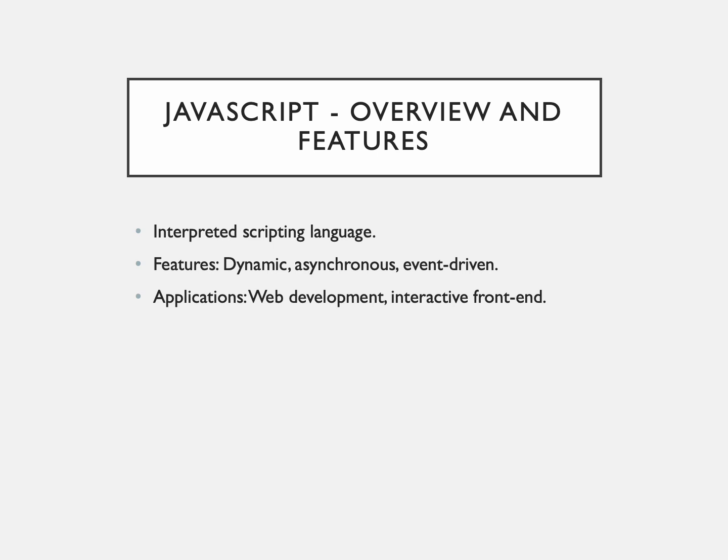It is also asynchronous, supporting tasks like data fetching from servers using APIs to happen in the background without interrupting the user experience. This is commonly achieved using features like callbacks, promises, and the async await syntax.